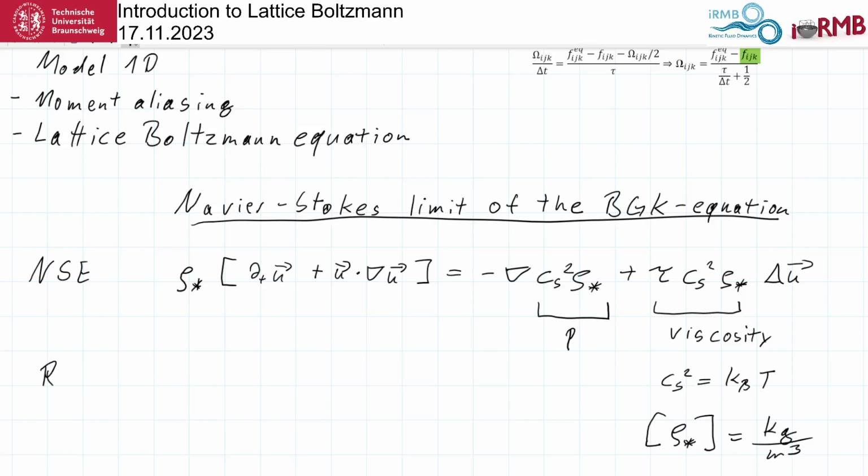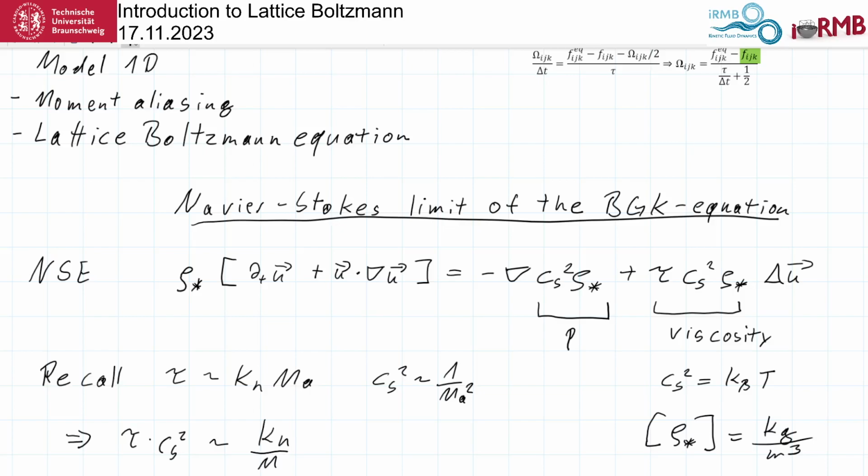Now recall again from last time that tau was related to the Knudsen number times the Mach number, and obviously cs squared is related to 1 over the Mach number squared, such that this tau times cs squared in our viscosity term is then related to the Knudsen number divided by the Mach number.